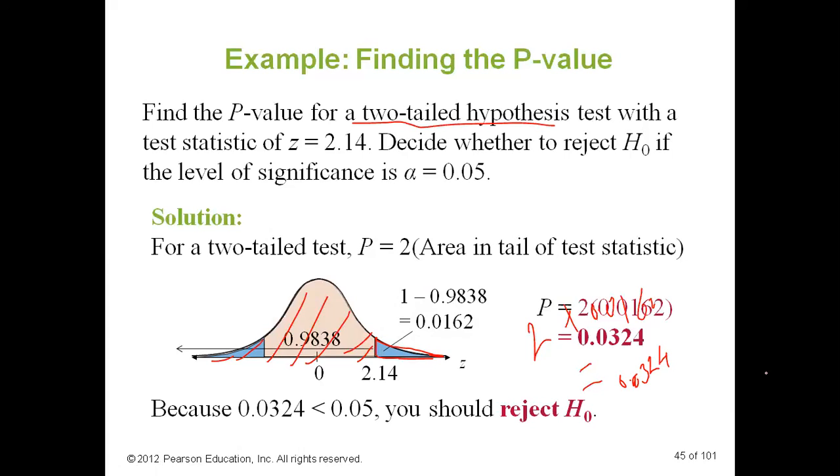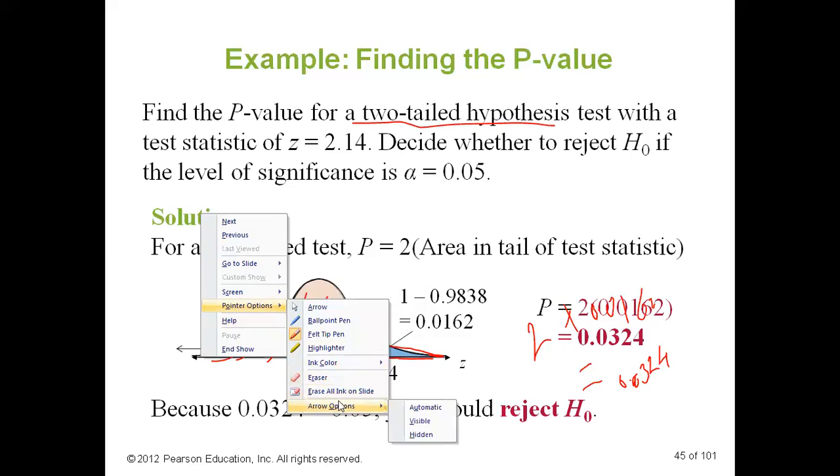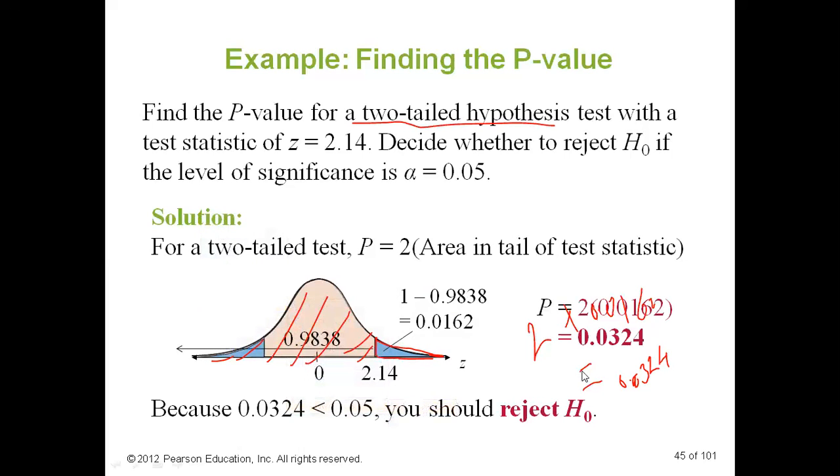Since 0.0324 is less than the significance level 0.05, we will reject the null hypothesis.